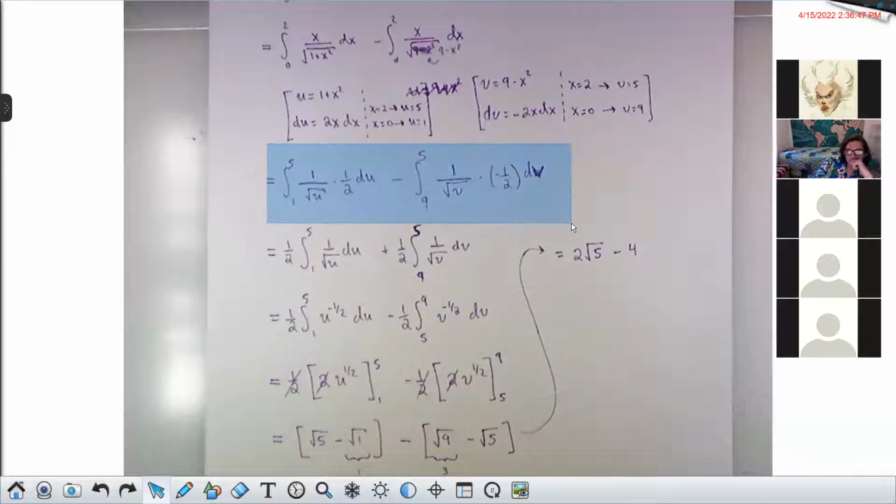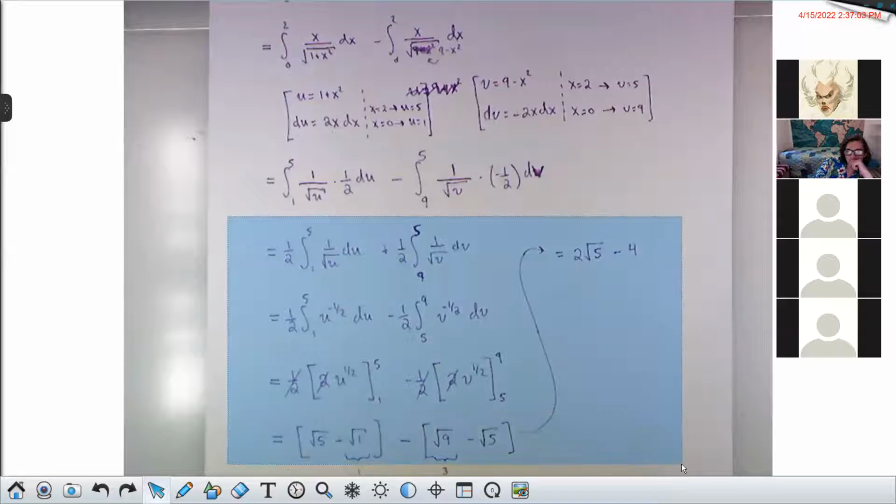Questions on why we yield these integrals? Questions from here on?